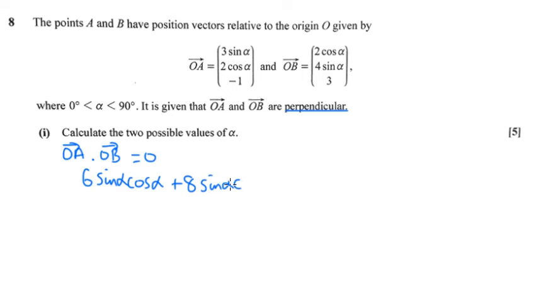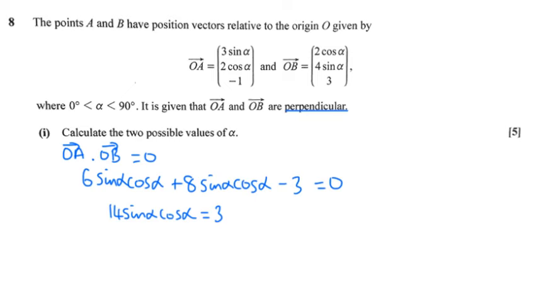Let's do it in that order so that we can combine these more easily. Then plus -1 times 3, so that's -3. Those three things added together give us 0. So here we've got 14 sine alpha cos alpha minus 3 equals 0, so we could move the 3 over and set that equal to 3.